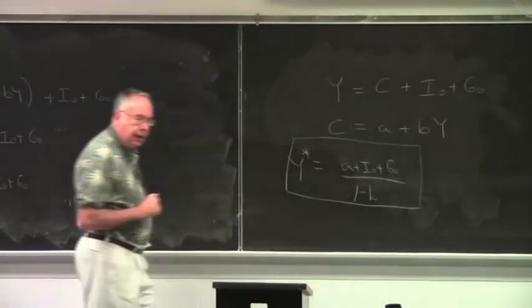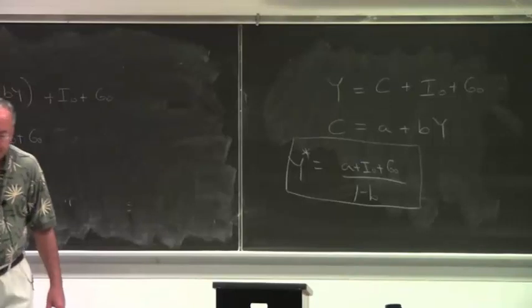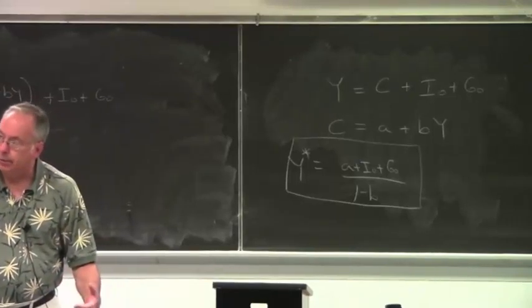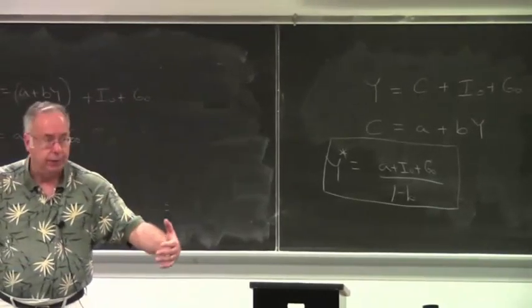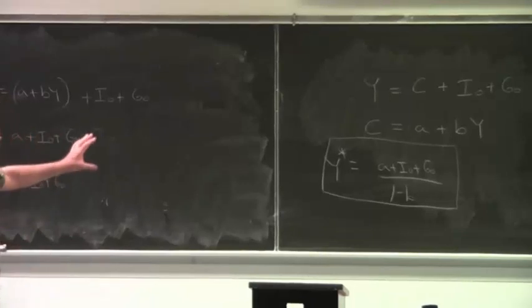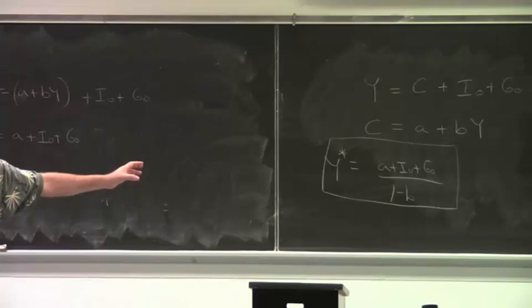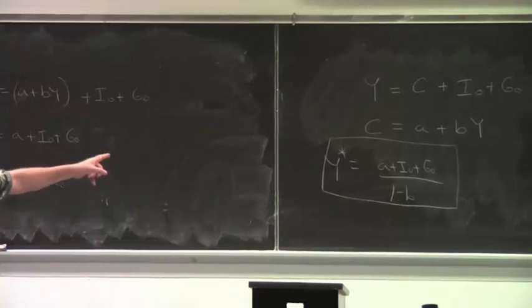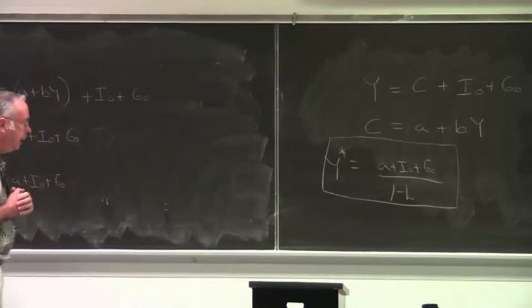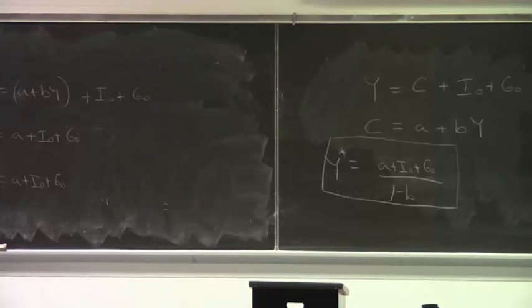Notice Y star is expressed in terms of parameters and exogenous variables. That's always what your goal is when you find the equilibrium values of the variables. On the right, you want to get an expression that has only parameters and exogenous variables on the right-hand side, which is what we have right now. So we could look at 4 different partial derivatives.